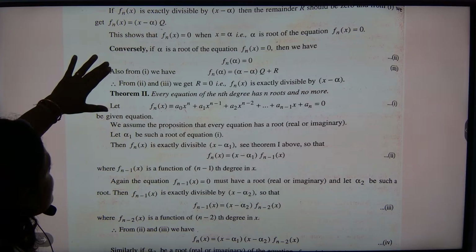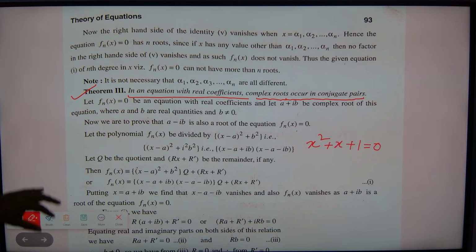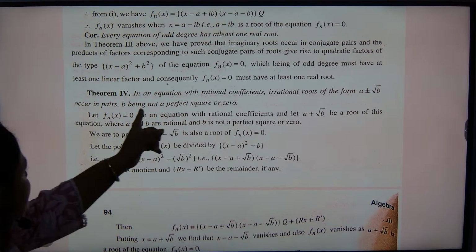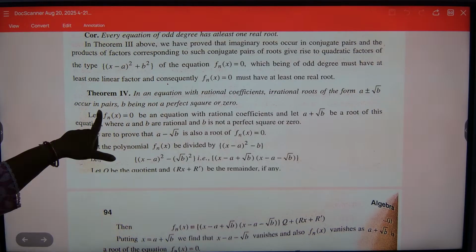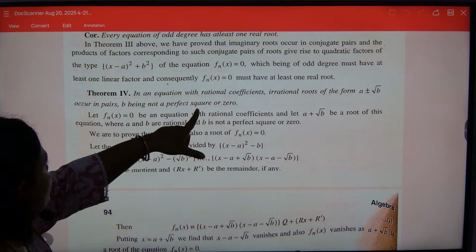If we have real coefficients, just like x square plus x plus 1, this equation has complex roots, roots in pairs. Next, irrational roots of the form a plus minus root b also occur in pairs. It is obvious.